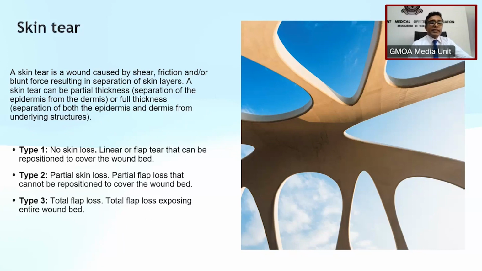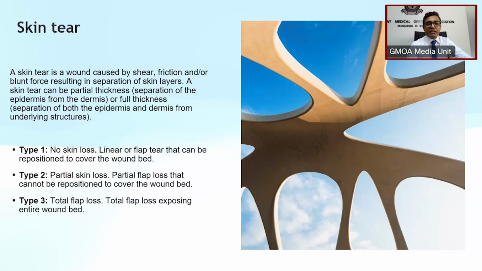Now, skin tears are something that we come across frequently, where any blunt force is causing a tear in the skin rather than a laceration. That means it's not a laceration; it's a tear. Sometimes you get no skin loss. It's just a tear, and you can bring it together, suture and finish off.